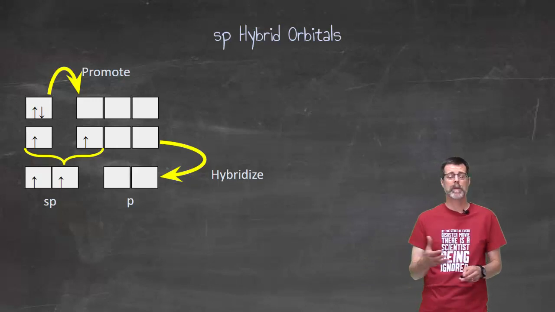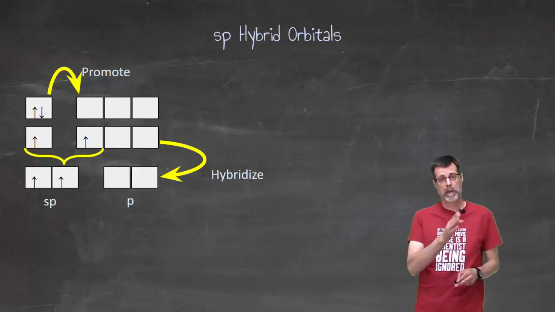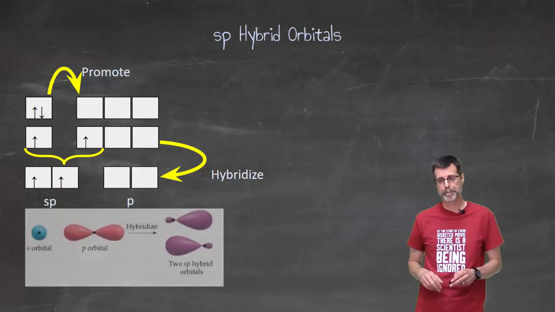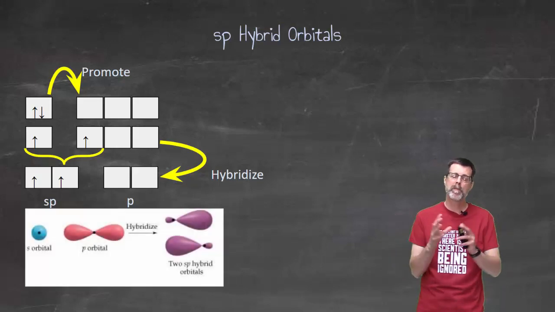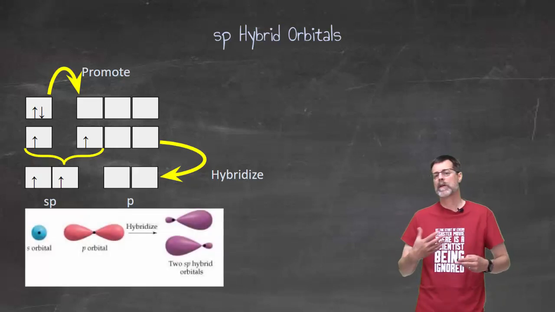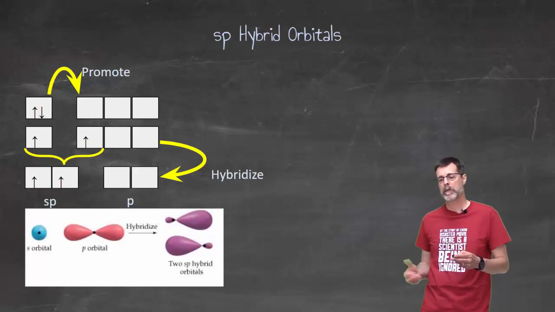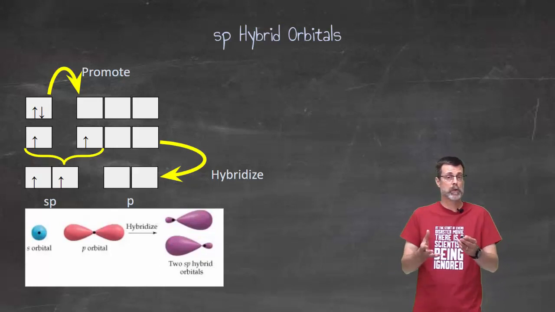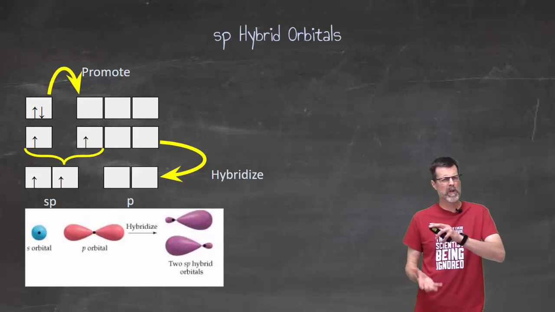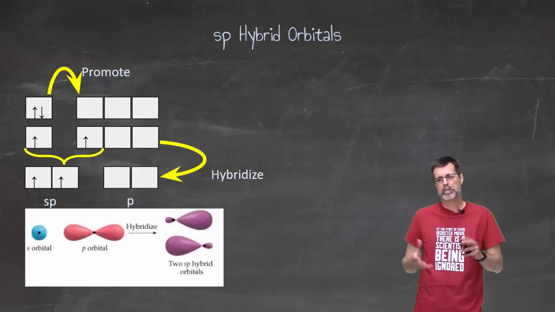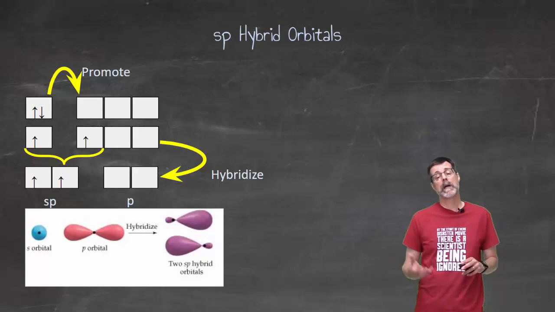So now I've got these orbitals called sp, two of them. One from the s, one from the p. Now, if I were to combine those and hybridize those, I'm going to combine their characteristics. So you'll notice that these purple orbitals, the new ones, they have two lobes, like the p orbital, but then one side is much, much larger. It's much more spherical, bigger, bubblier, kind of like the s orbital.